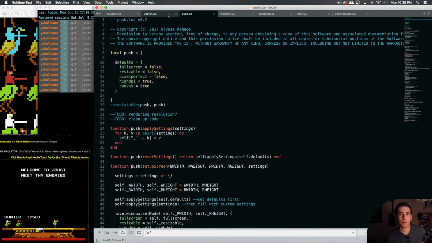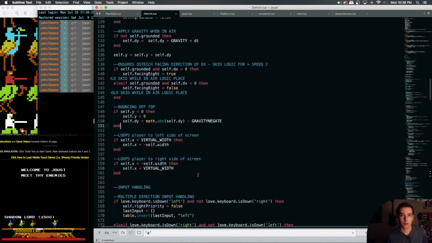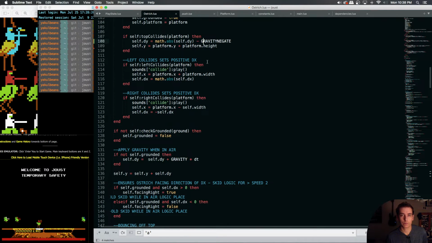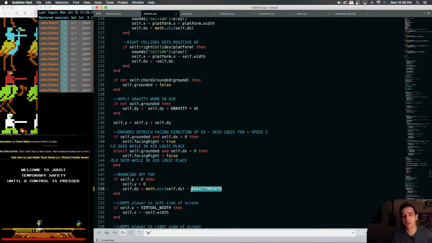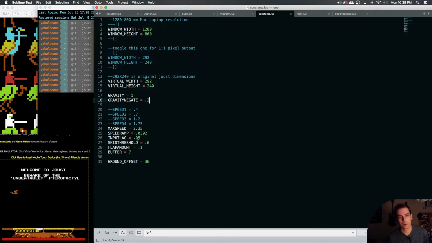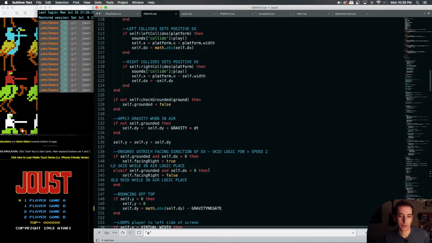And then, yeah, minus gravity negate. Minus gravity negate. So now we change it once here, then it gets updated in both places.